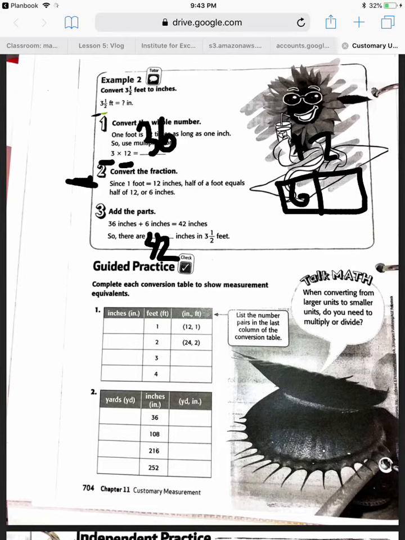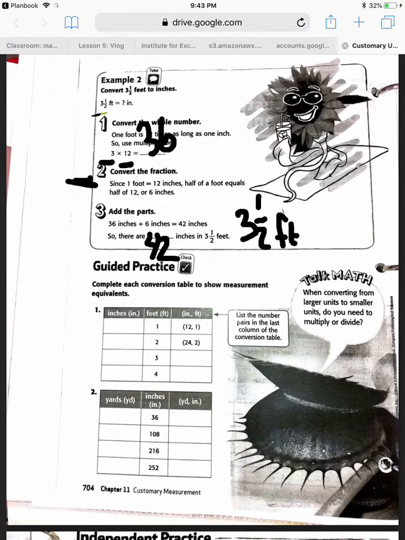The method that I had showed you, which might be easier than going through all these steps, is we had simply written 3.5, and we put that was feet, and we set it equal to blank inches, and we simply drew again our arrow, and we put in, to get from feet to inches, you need to multiply, and the magic number you need to multiply by is 12.